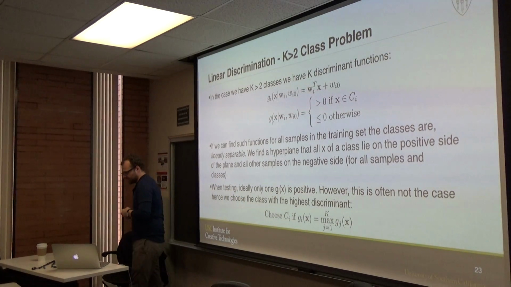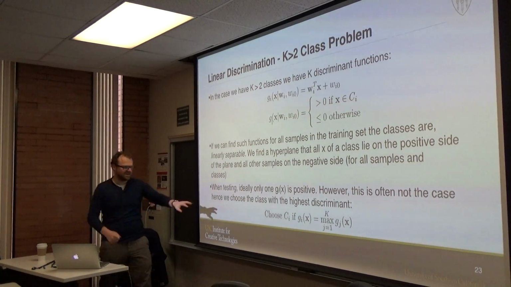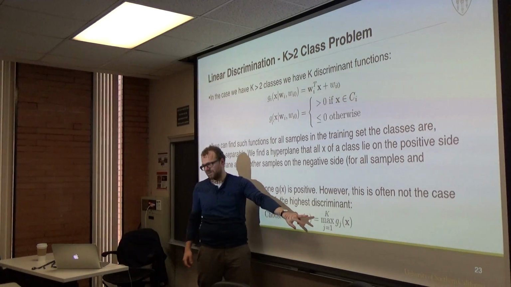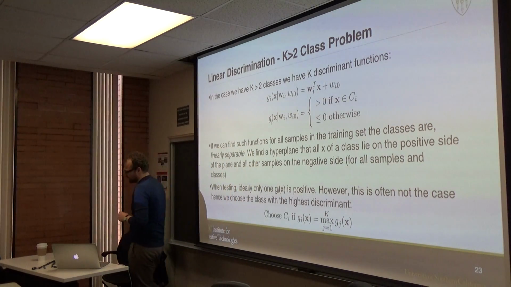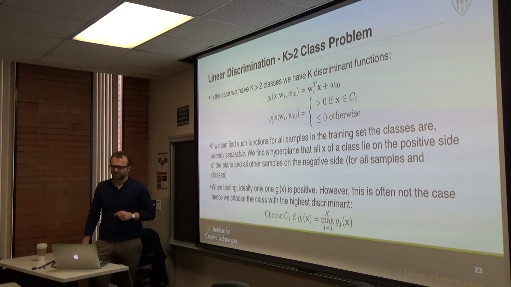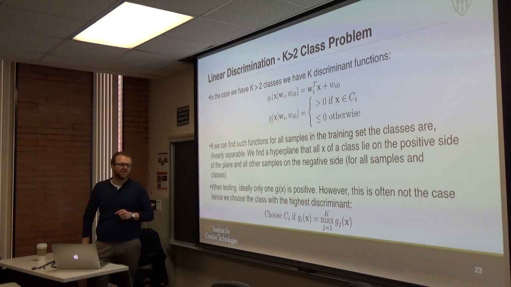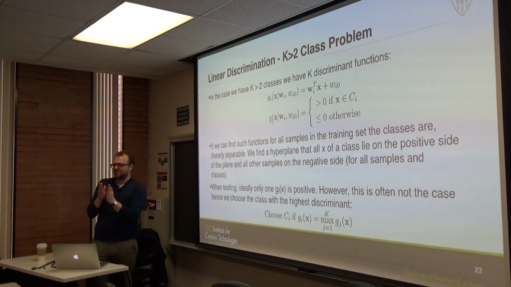And so what does that geometrically mean if we choose the maximum of these values? Let's say you have data points that fall on more than one positive side of these discriminant functions, okay?